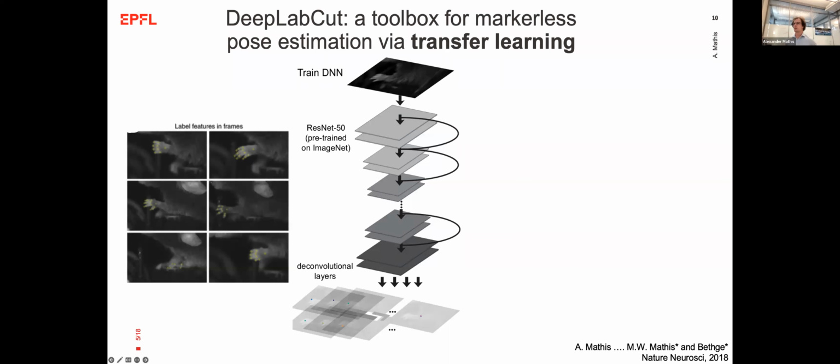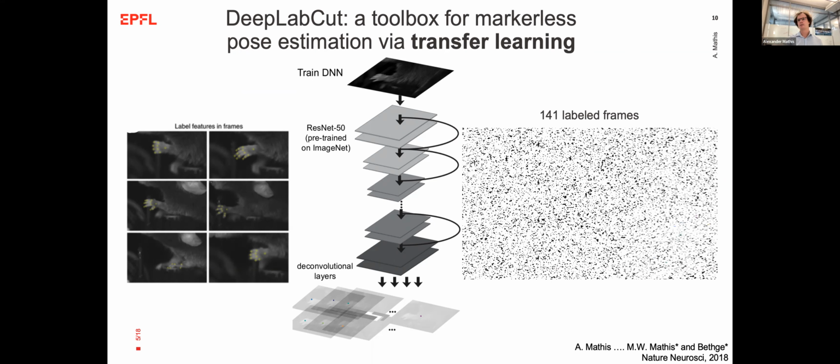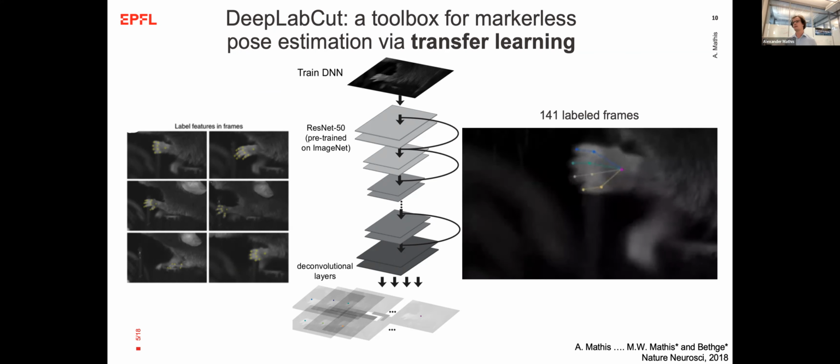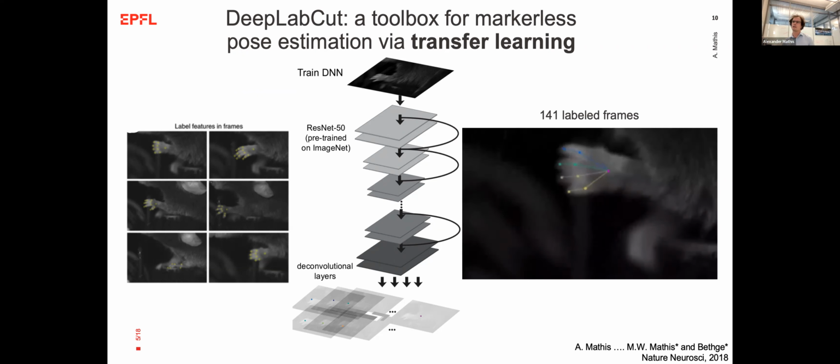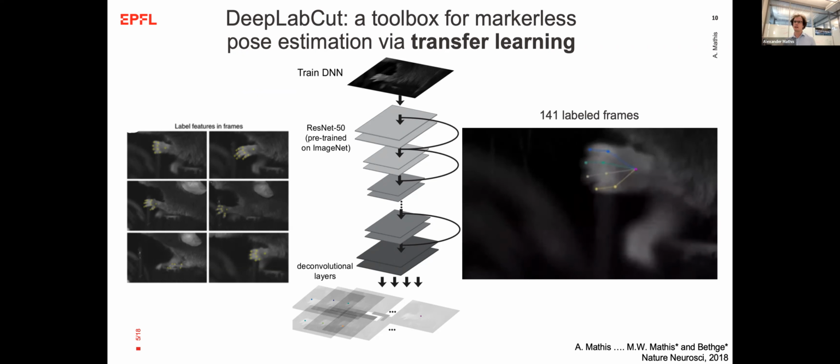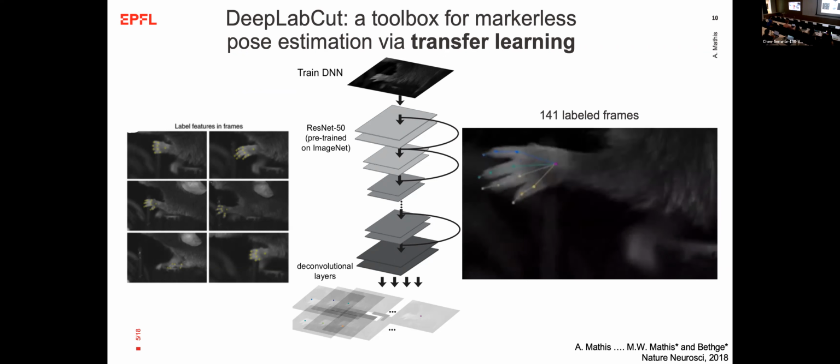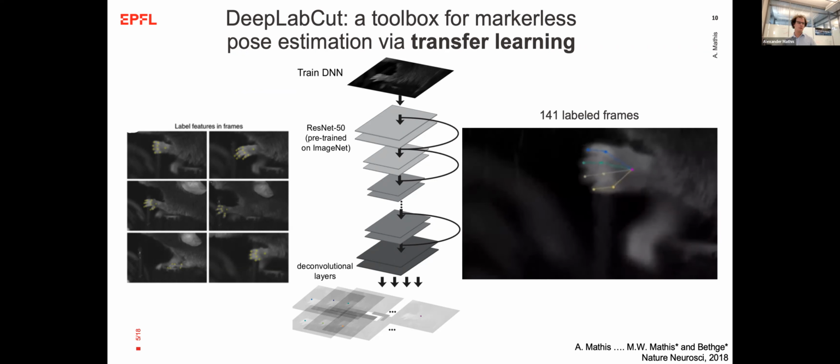And I mean, what we knew from the OpenPose data, for example, is that if we just give it enough images, this would obviously work. The key question for us is how many images do we actually need? And so what you see here is the algorithm applied to a new video of a mouse pulling a joystick. So it's actually a different mouse in the same setup. And obviously in neuroscience, people often have setups.